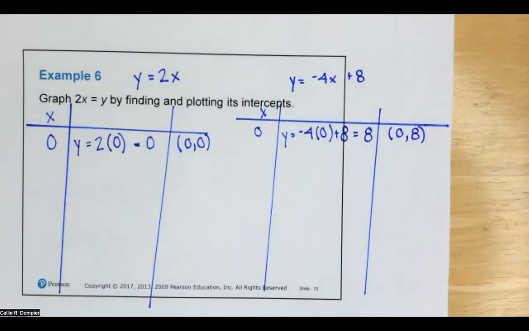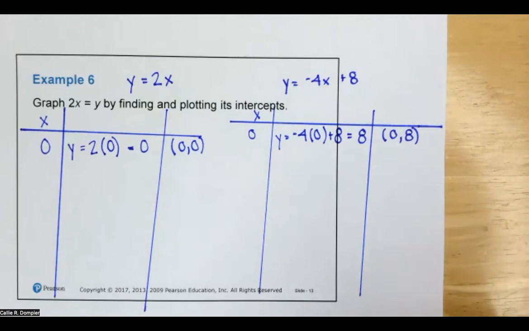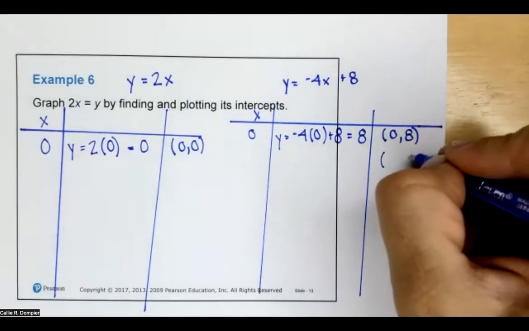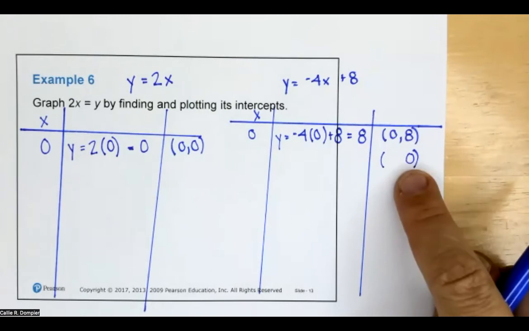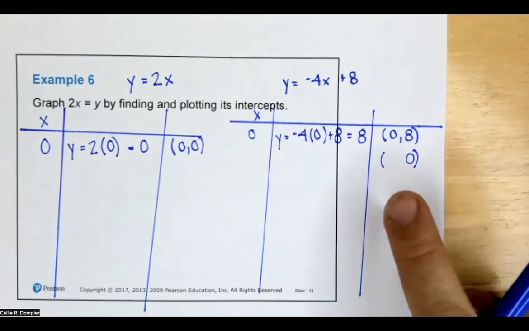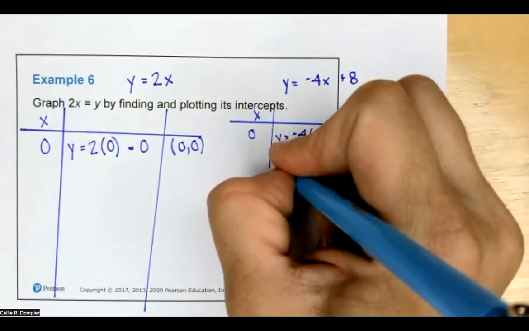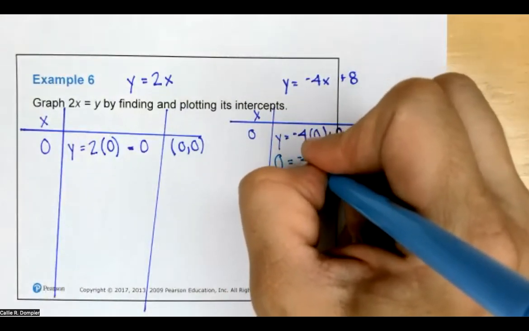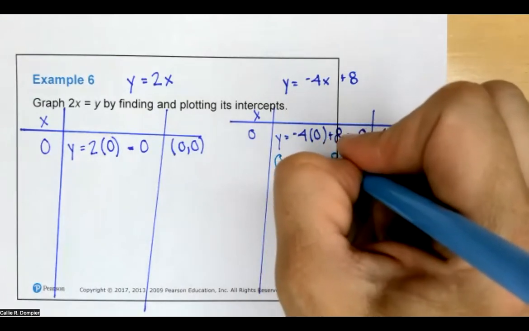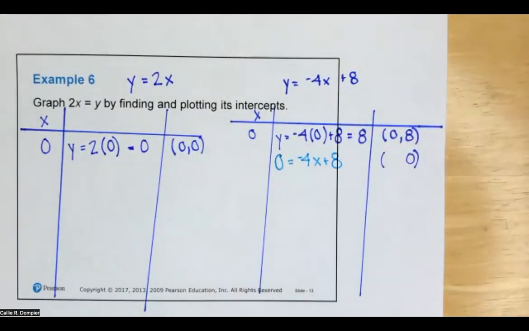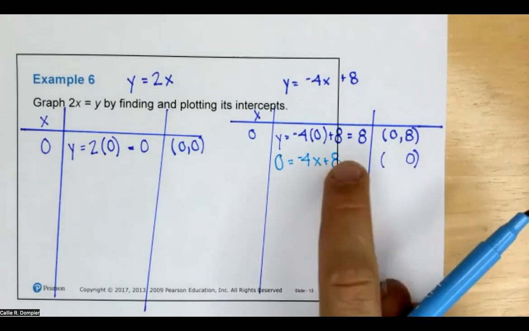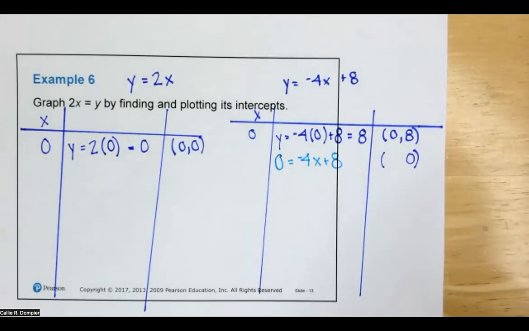Okay? For my y-intercept, I need to make y equal 0. My y is always my second number. So if my y is 0, I need to find my x. So now 0 equals -4x plus 8. Is that okay? Instead of putting a number in for x, I put 0 in for y. I don't know what my x is, but I'm going to figure it out right now.